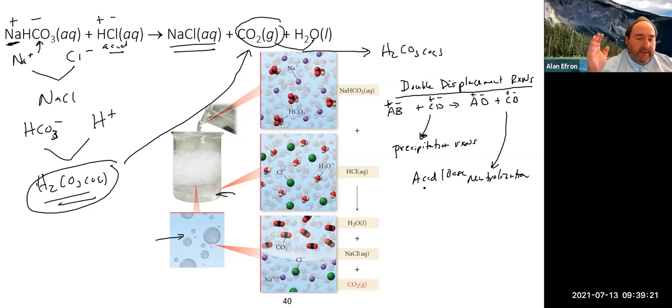So again, the big classification is double displacement reactions, and for all these reactions that we've seen up until this point, you could classify every single one of them as a double displacement reaction. In addition to all the reactions that form some type of solid or precipitate, in addition to classifying that reaction as a double displacement reaction, you could classify that reaction as a precipitation reaction.